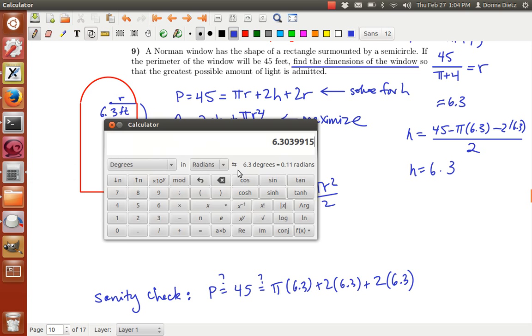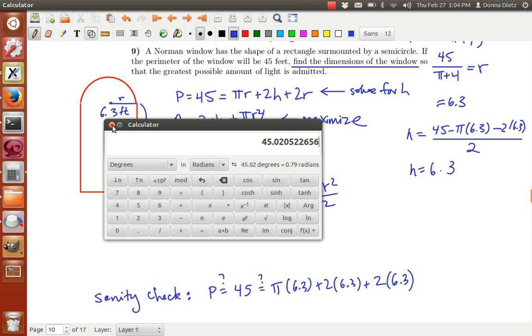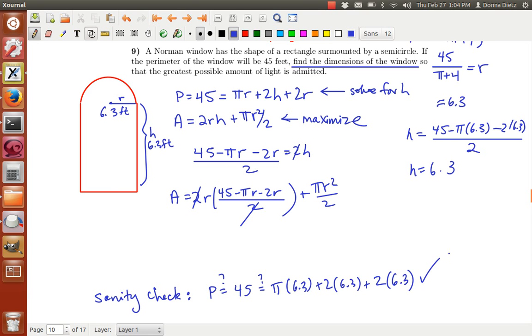So let's try doing this. 6.3 times pi plus 4. Yay, I'm happy. That's good enough. Okay, sanity check works. And I guess that's the end of this question.